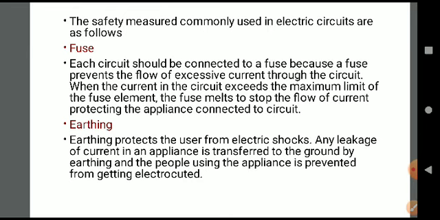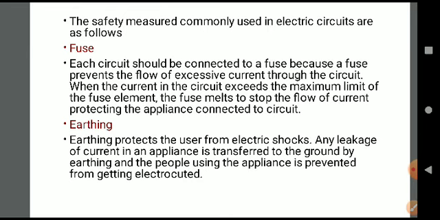In case of refrigerator, if some wire comes in contact with the body of the refrigerator, then the body of the refrigerator will be at a potential of what we receive in our house, 220 volt. So when a person touches it, he or she is going to get a shock.